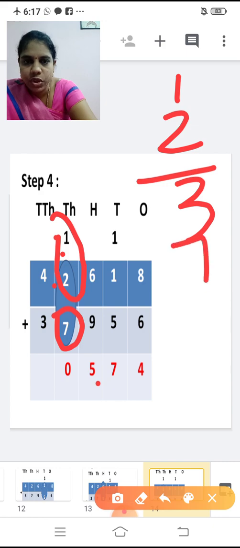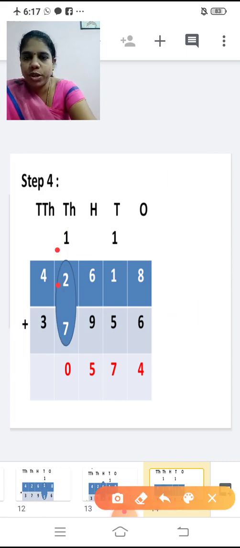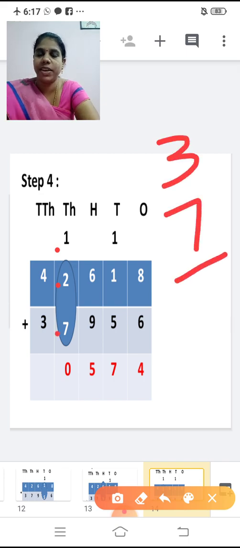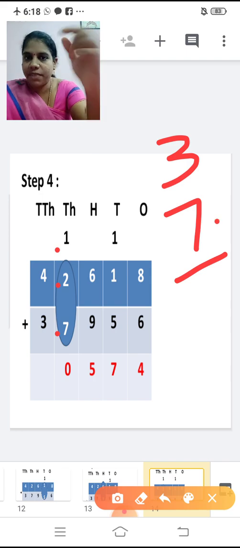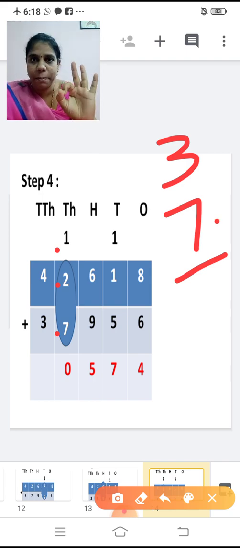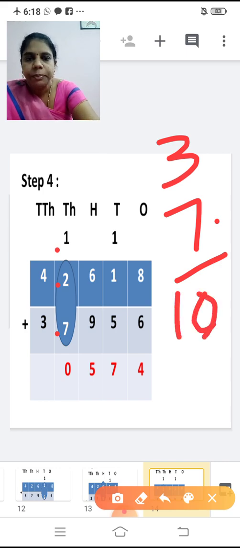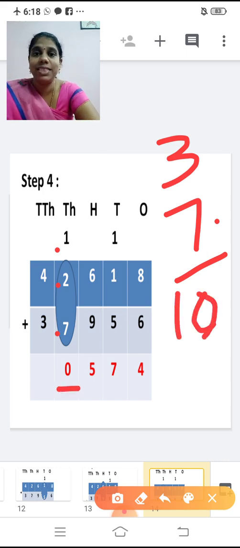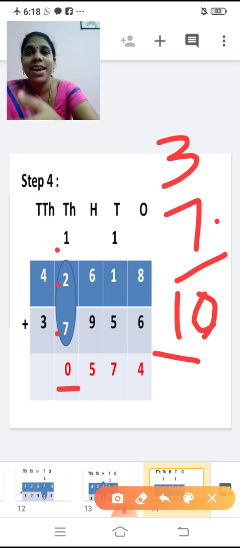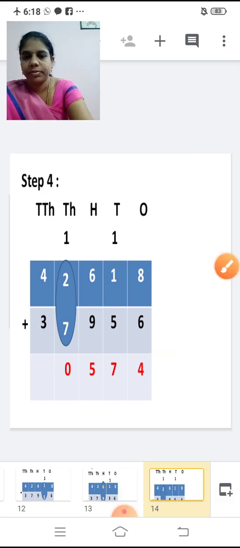Keep 7 in mind. After 7 we add 3 numbers: 8, 9, 10. It's again a 2-digit number. So write 0 here, and this 1 is carried over to the 10,000 place.